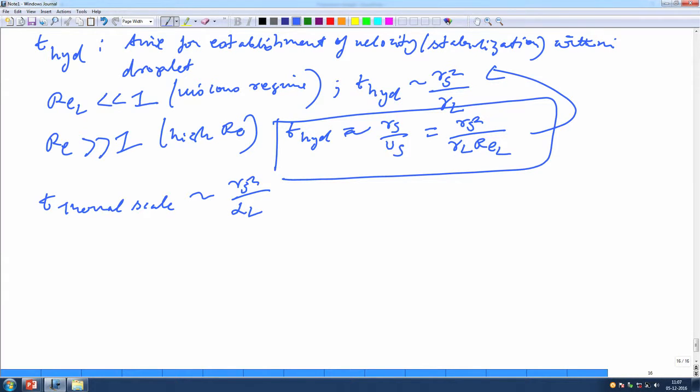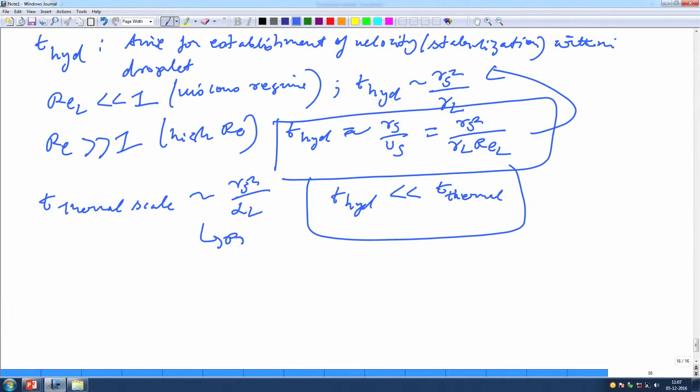And in the usual case, this t_hydrodynamic is actually much shorter than this t_thermal. Okay. So, this basically justifies why the Hill spherical vortex is always a good solution, and why it is actually a quasi steady kind of a thing. Okay. And this happens also because your Prandtl number is always of the order of 1, of the order of 10 over here.